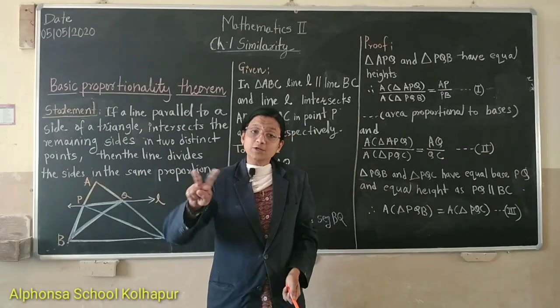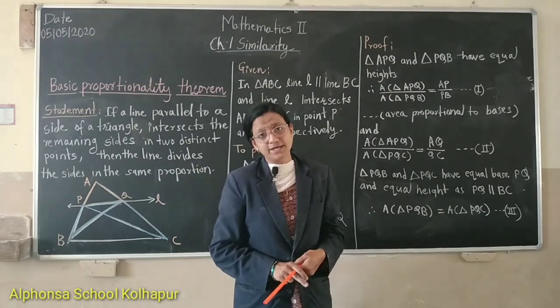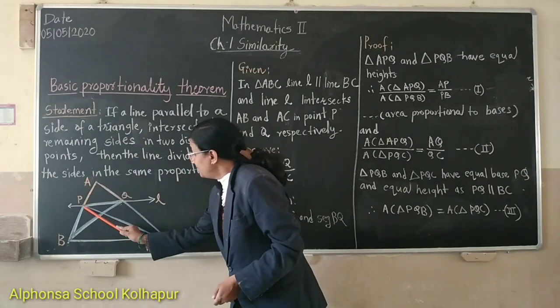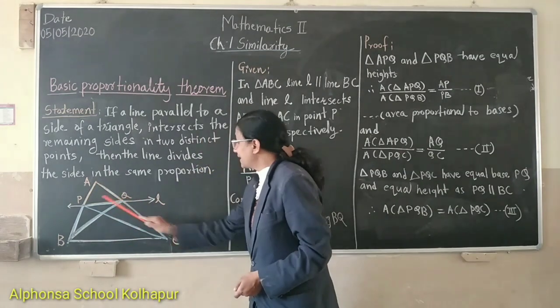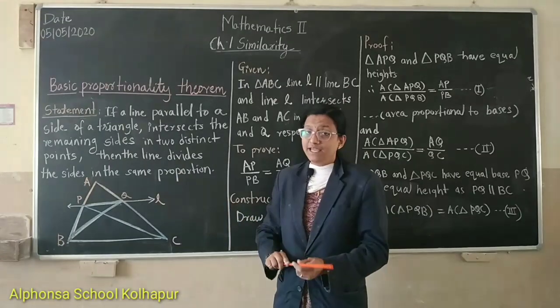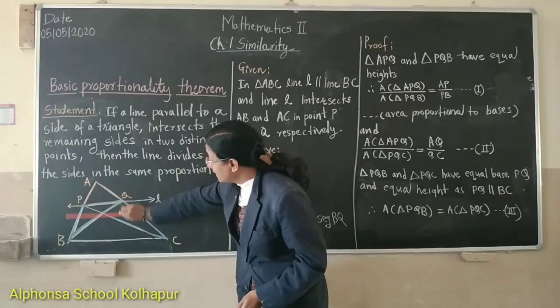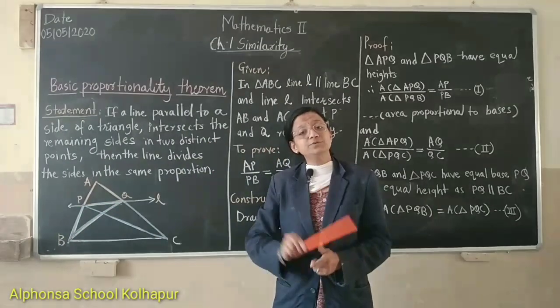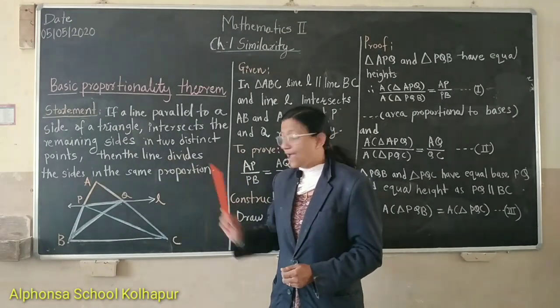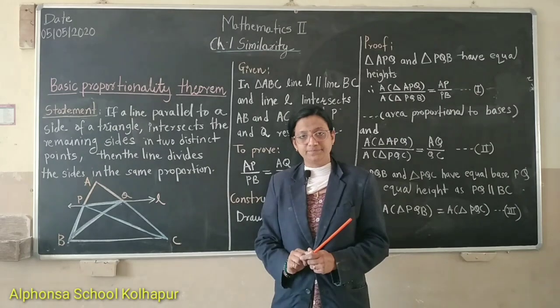Now another combination of triangles once again we are going to consider. See, triangle PQB and triangle PQC. Both these triangles are in between two parallel lines. As these two triangles are in between two parallel lines, they have the same height.